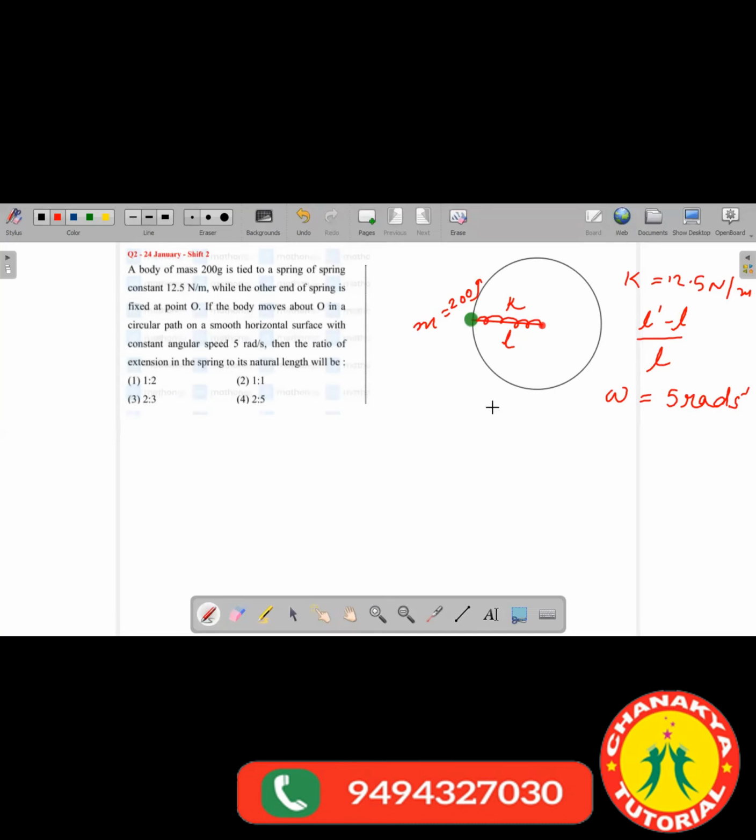See, if you are moving this in a circular path, Niharika, can you answer? Niharika and Sriyuta, can you tell why will there be an extension produced in the spring?